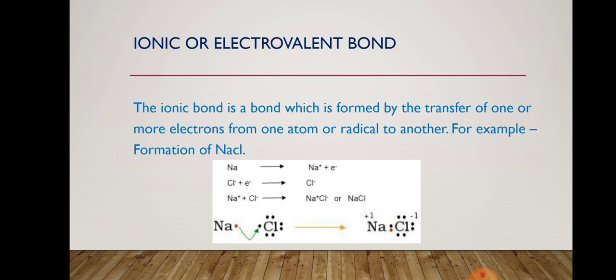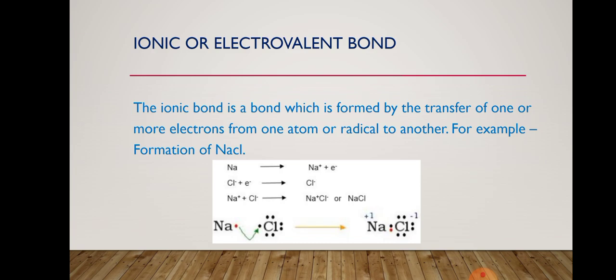Actually, ionic bonds are formed between metals and nonmetals with the transference of electron. Metals give up electrons and nonmetals accept those electrons to obtain stable electronic configurations, duet or octet.